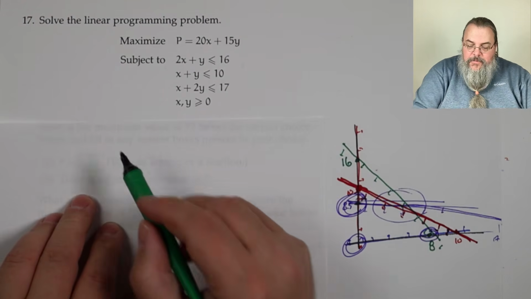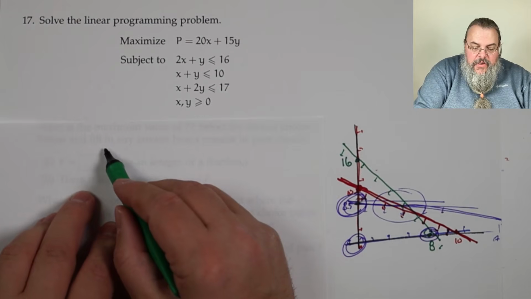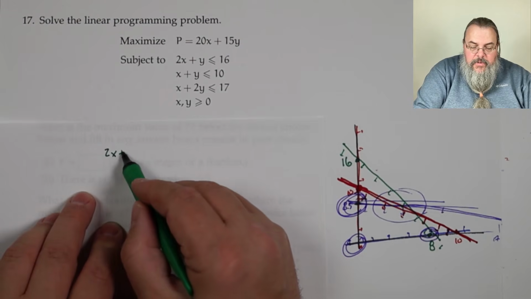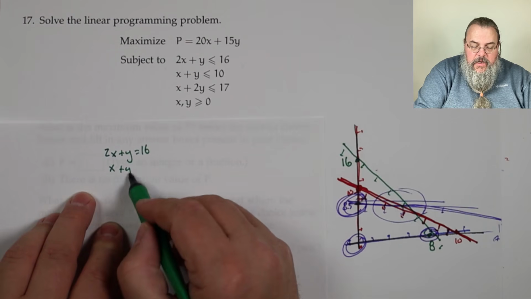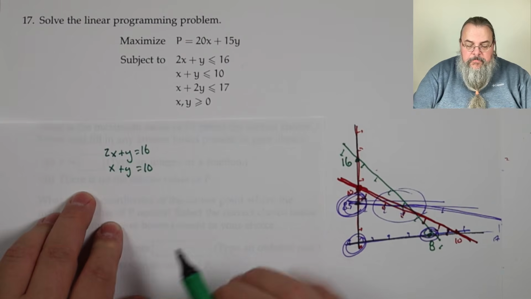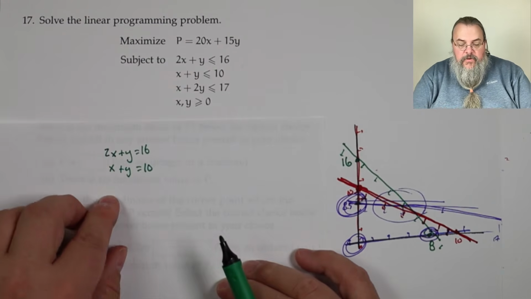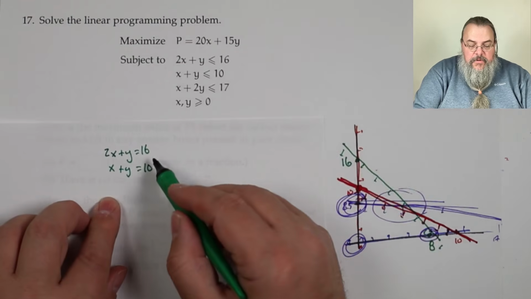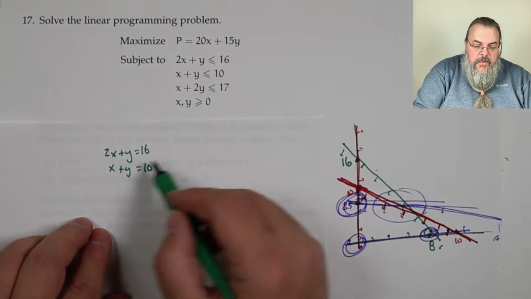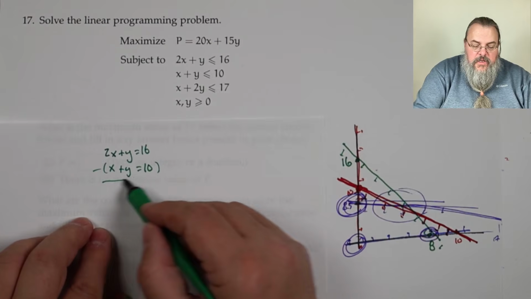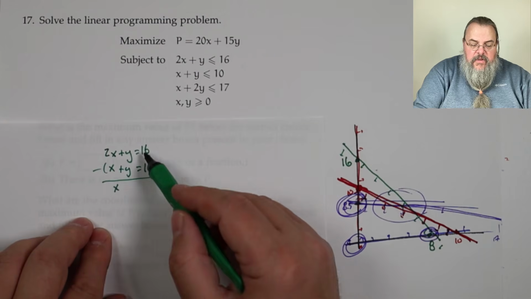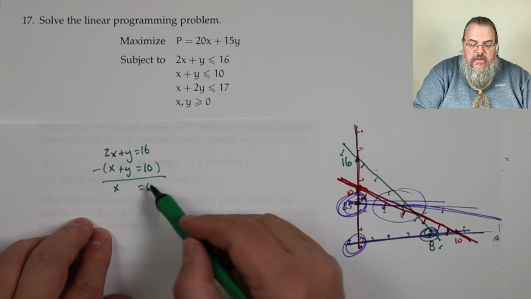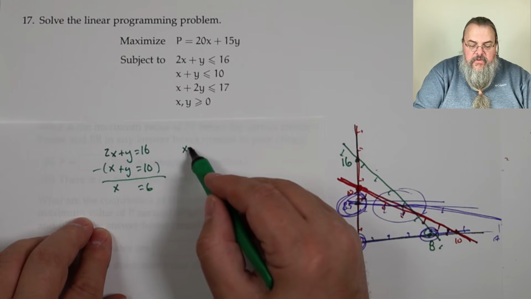So we're going to list our points. We have 2x plus y equals 16, and x plus y equals 10. I'm going to start with these two equations and do elimination. 2x minus x is x, and 16 minus 10 is 6. So x equals 6.